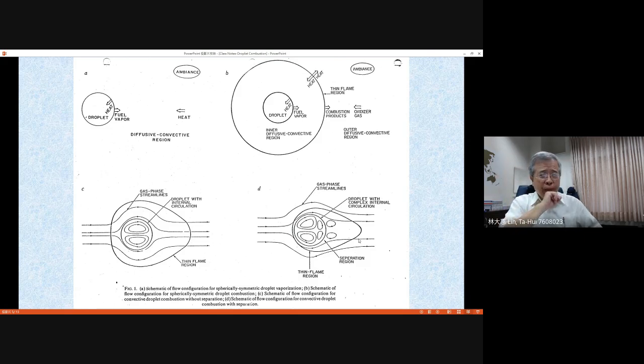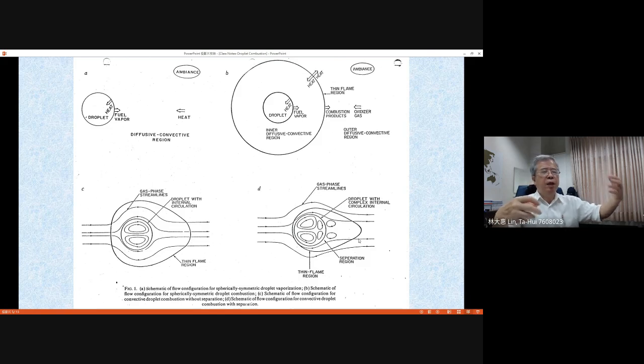Okay. This is just to give you some idea of the influence coming from the flow convection. Simply say that if you have a flow stream coming to meet droplets, you try to increase the flow strength continuously from small velocity to very large velocity.